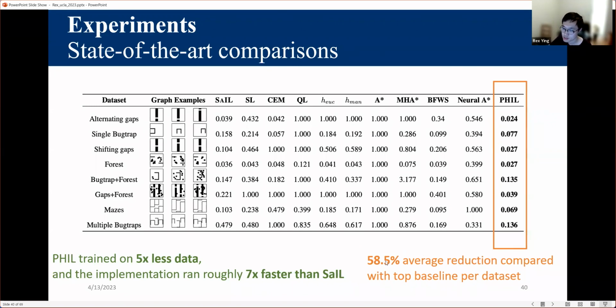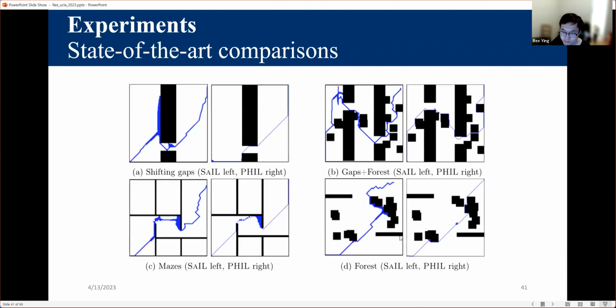So it represents a 58.5% average reduction in the number of nodes being explored with respect to any of the top baselines. The implementation is also a lot faster than most other learning-based methods. And here's some visualization. One of the previous state-of-the-art imitation learning algorithms is called SAIL.